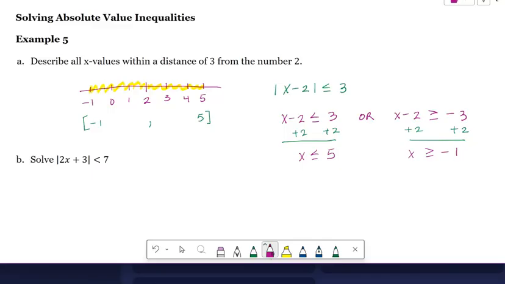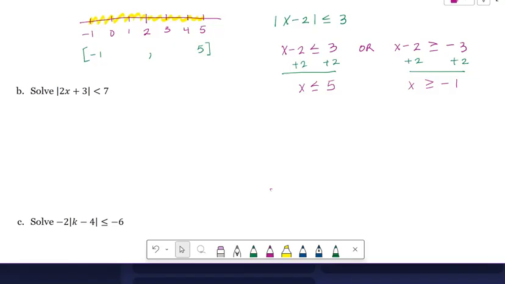Let's look at example B. In example B, I want to find numbers where the distance between 2x plus 3 and zero is less than 7. So I've got some value on the number line, and I want the distance to be between 7 and -7. I want the distance away from that to be between -7 and +7.